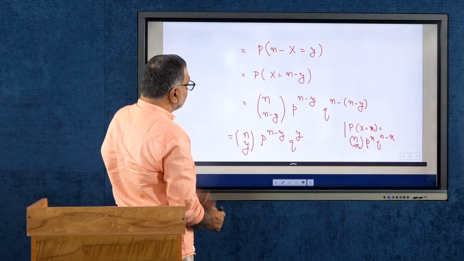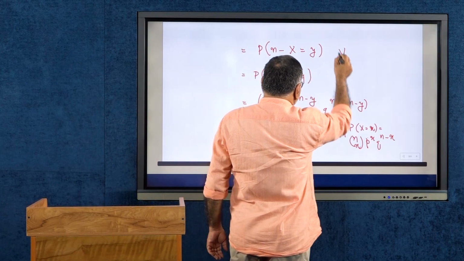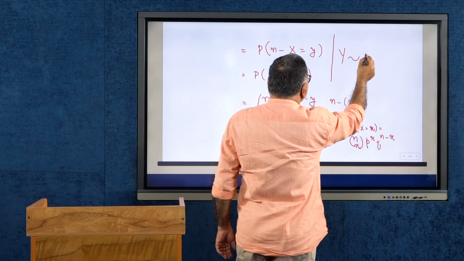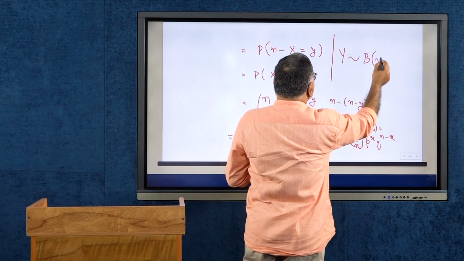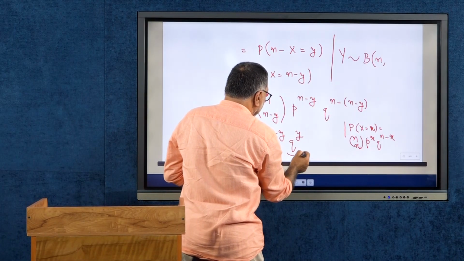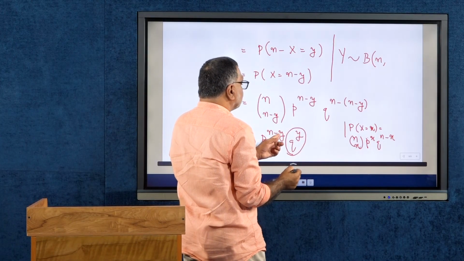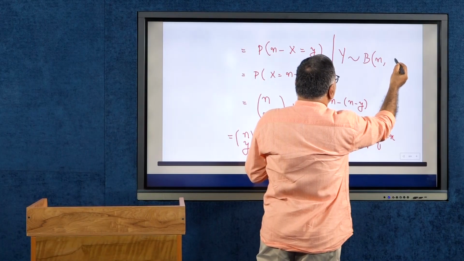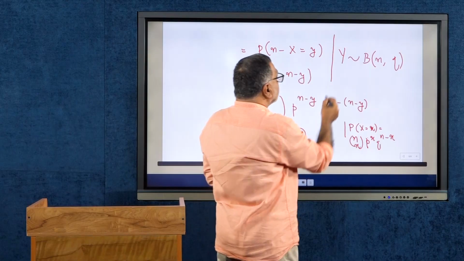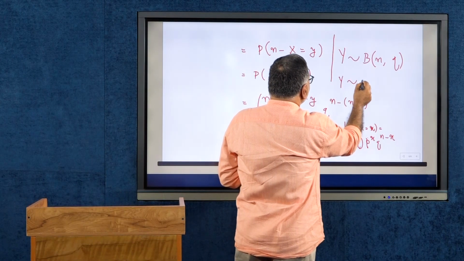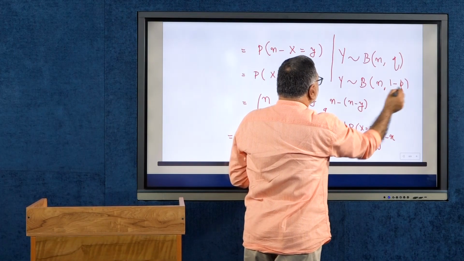So, from this expression, our conclusion is our random variable Y is a binomial random variable with parameter n, and this is actually of the p power y, q power n minus y form. So, here instead of p we have value q. So, that is, Y is a binomial random variable with parameter n and 1 minus p.